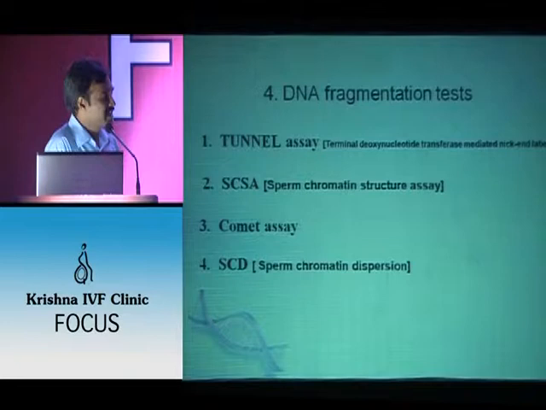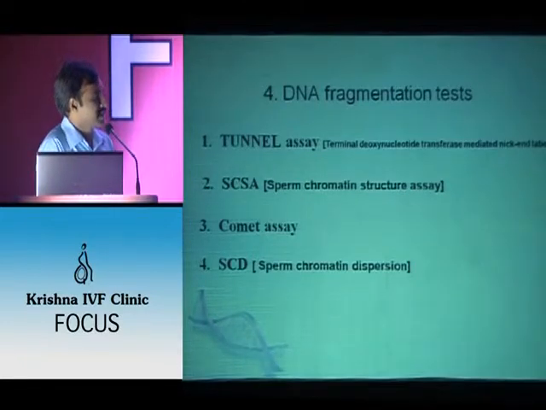Next, to identify the DNA fragmentation, tests can be done by TUNEL assay, sperm chromatin structure assay, comet assay and sperm chromatin dispersion. So, each method has advantages and disadvantages. When you see the TUNEL assay and sperm chromatin structure assay, it is easy to perform, but in final analysis you need a fluorescent flow cytometer, that is again an expensive instrument.